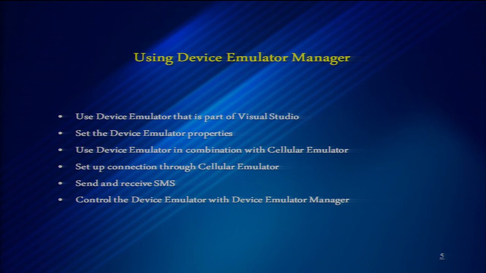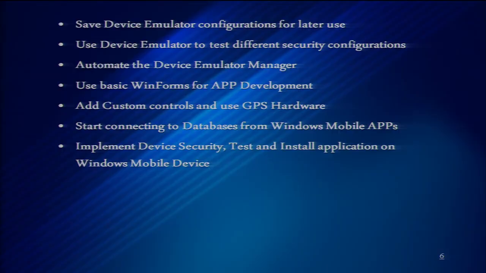Then control the device emulator with the device emulator manager. Save the device emulator configurations for later use. If you do not save, again you have to configure whenever you are using it. So, it is always good to save the device emulator configuration, in case you intend to use the same configuration at a later stage.